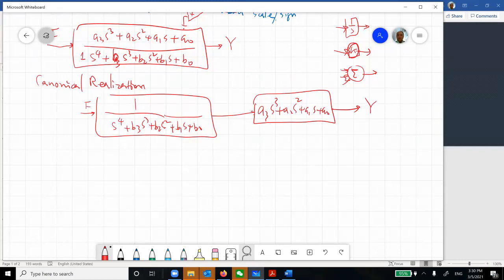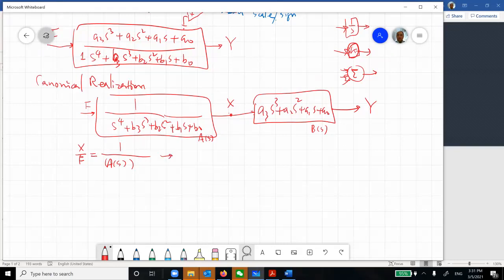This is Y. Let me assume that I have X in here. So X divided by F gives you this one, right? So this is 1 over A(s), and this is B(s). I think you understand that.